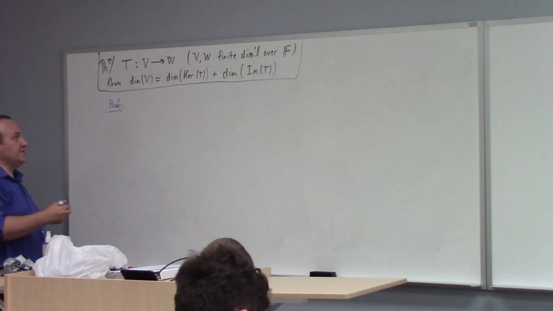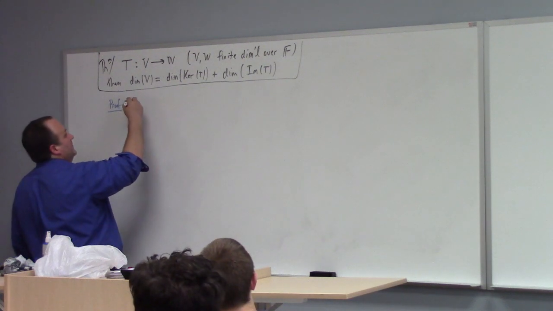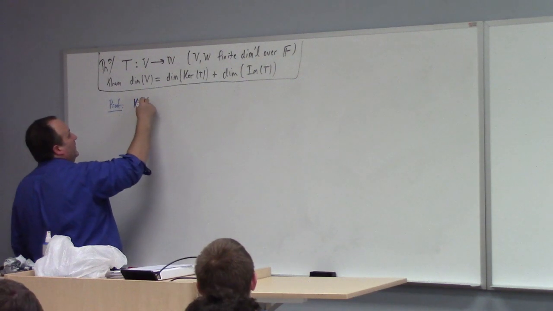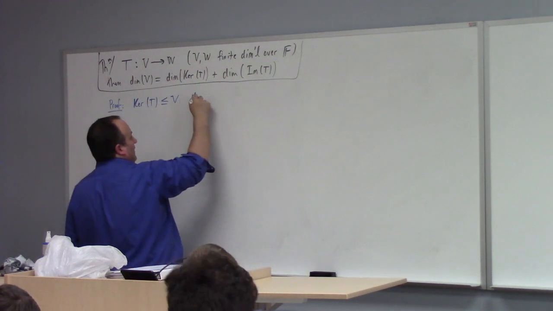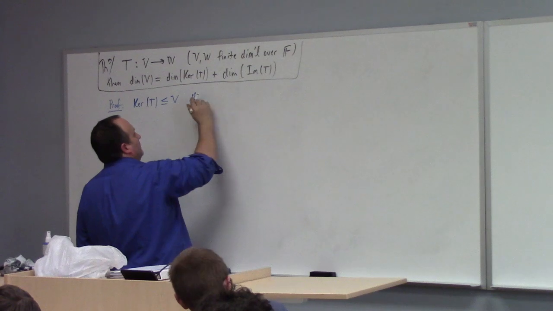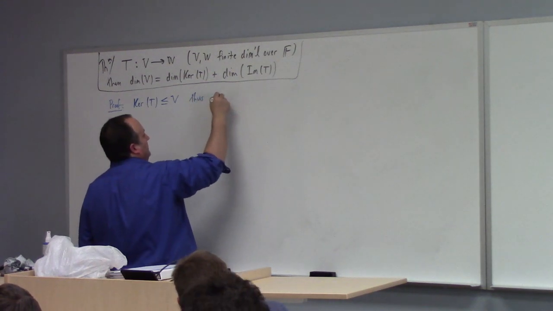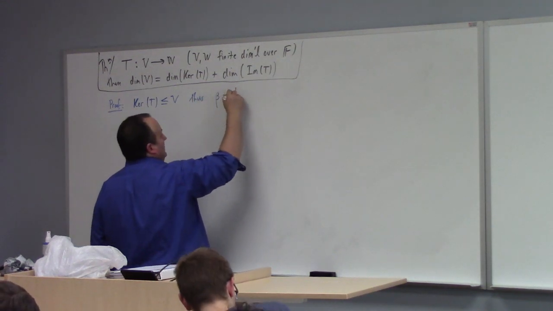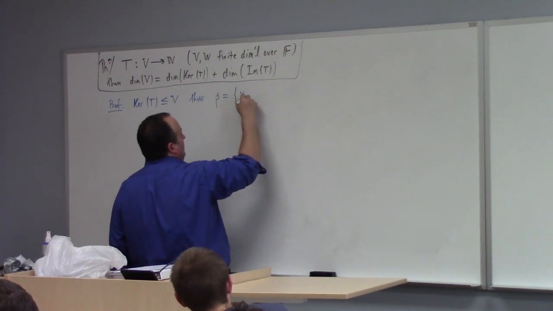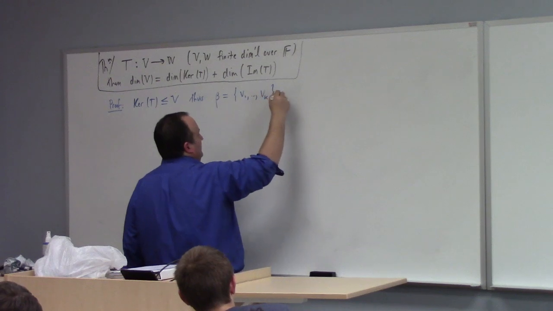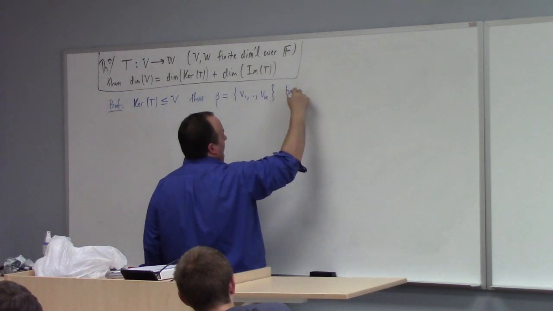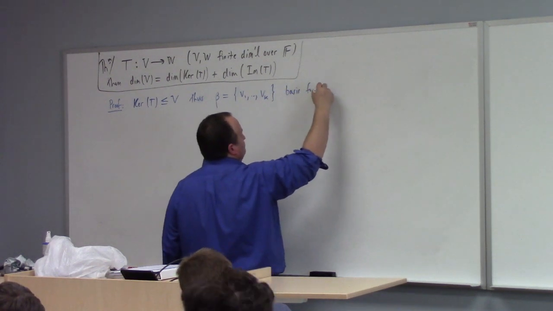Just horrible. So, all right, so kernel of T, as we know, is a subspace of V, right? Thus, we can form beta equal to, let us say, v1 through vk, a basis for the kernel. All right?